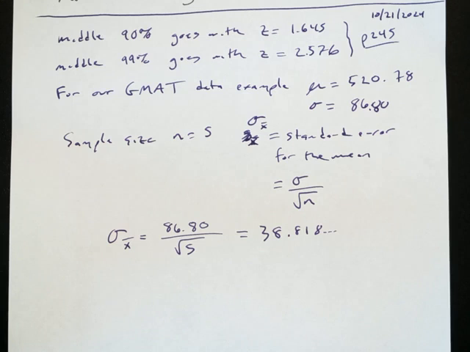So here's my claim. I take a sample. I get a mean for that sample. How do I know how close that is? How confident am I that I'm close to that number, 520.78, with my answer?